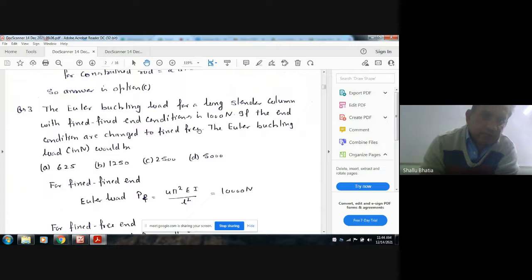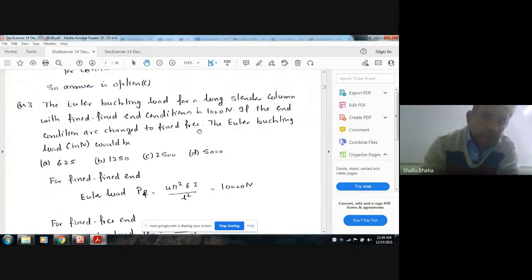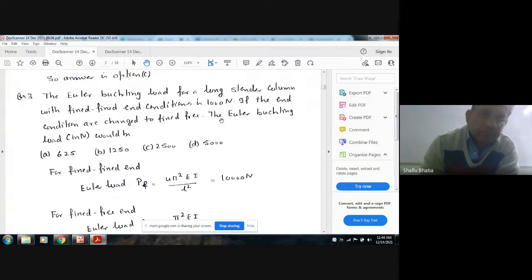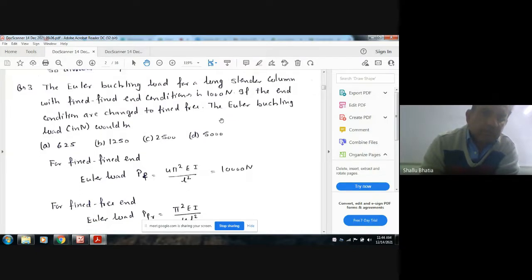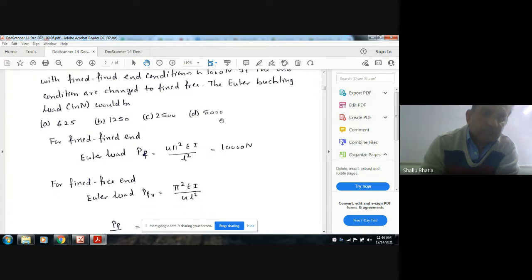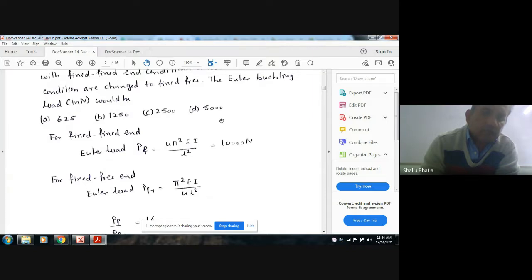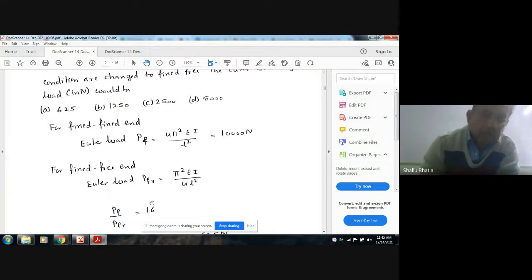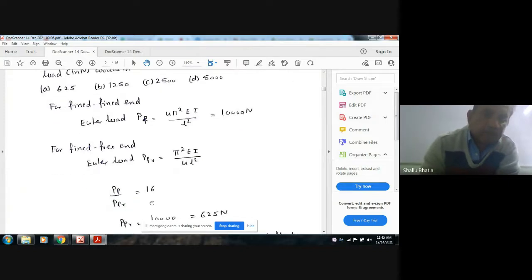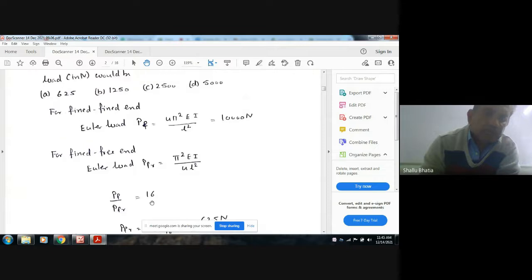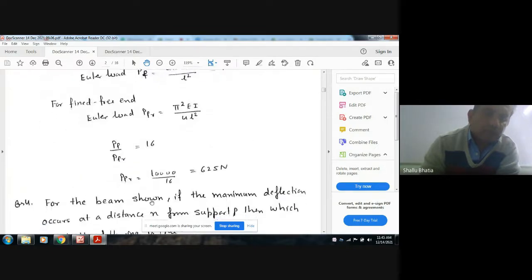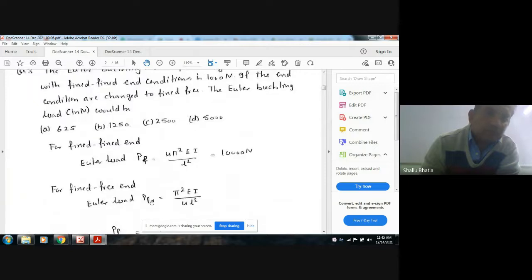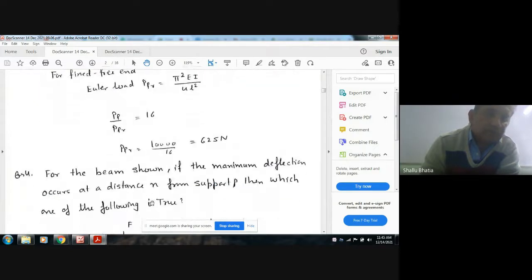That is given as 1000. Now when one end is free, the formula is pi square EI by 4 L square. From the ratio of these two, fixed and free end, we have PF by PFR is equal to 16. Now PF is given as 1000, so PFR will be 625.